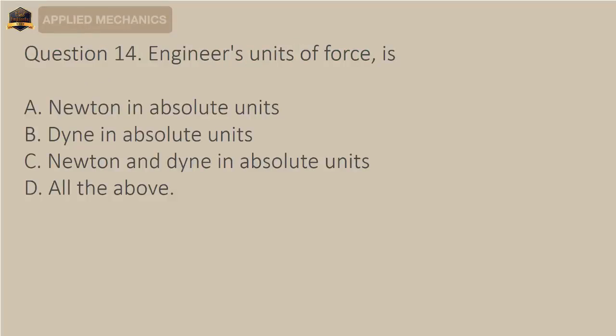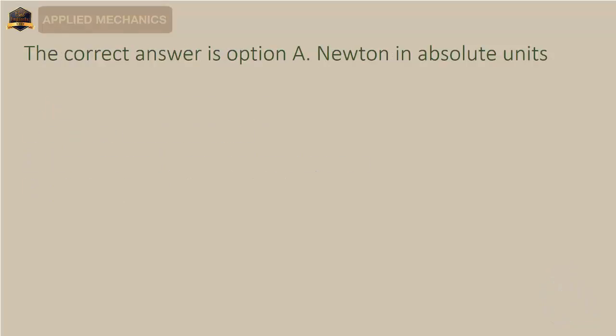Engineers' units of force is A. Newton in absolute units. B. Dyne in absolute units. C. Newton and dyne in absolute units. D. All the above. The correct answer is option A, Newton in absolute units.